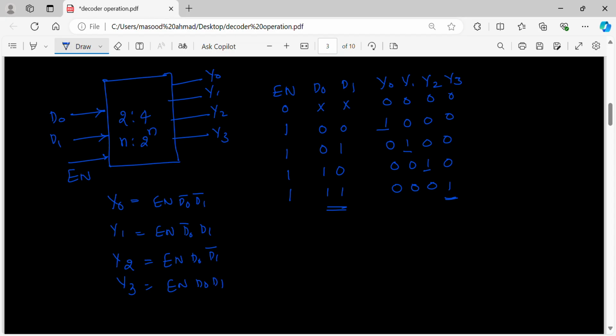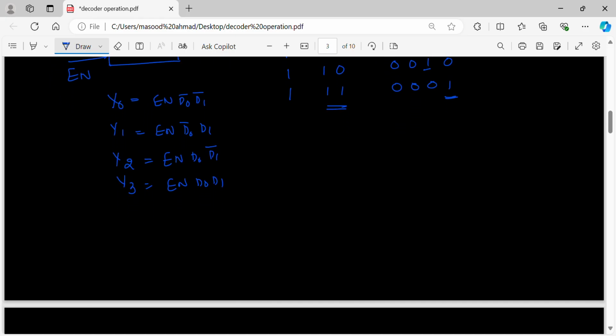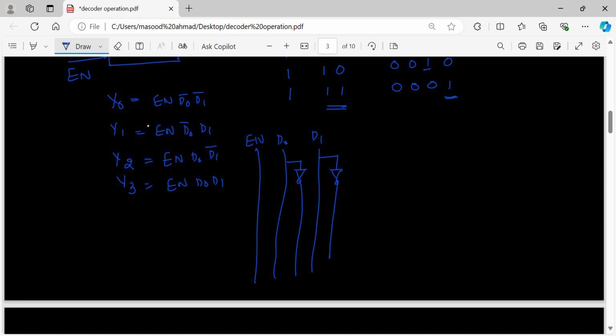So with this what I can do is by using 3, 4 AND gates I can get my circuit. So what I do is I'll take D0, I'll take D1, I'll take enable. Enable line is available, D0 line is available, D0 complement is also available, D1 available, D1's complement available.